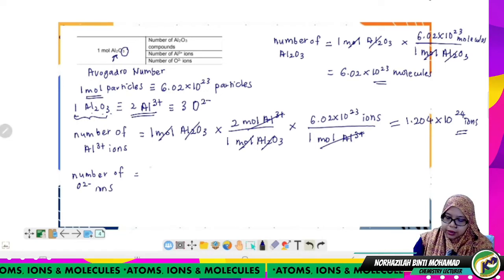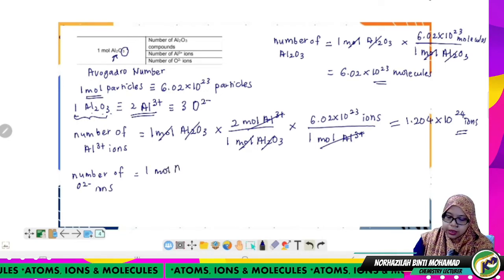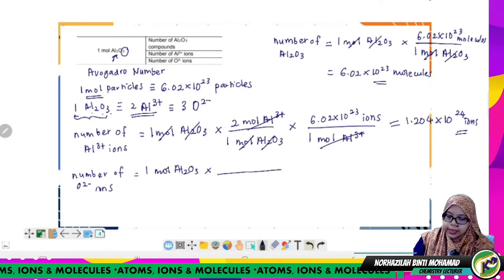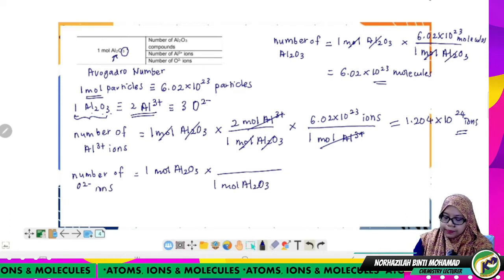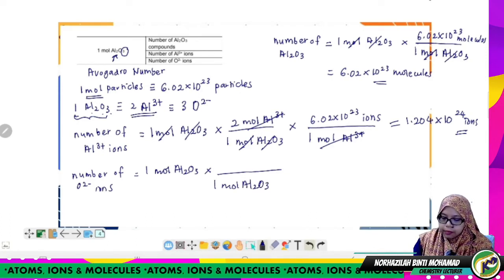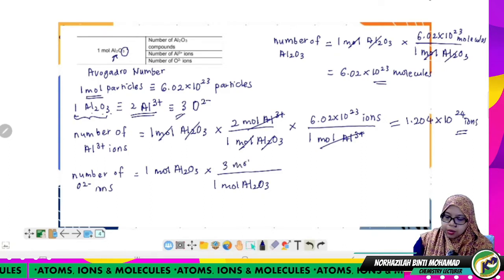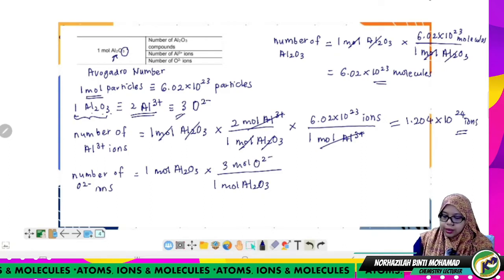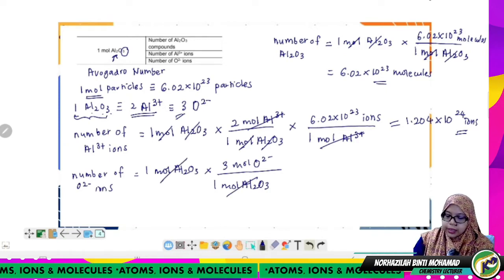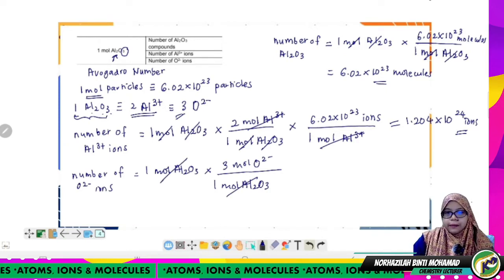So given to us 1 mole aluminium oxide. So we need to cancel the unit of aluminium. So 1 mole aluminium here we write at the bottom, and then the mole of oxygen we write at the above. So the oxygen has 3 mole oxide ion. So we can cancel the mole of aluminium oxide.